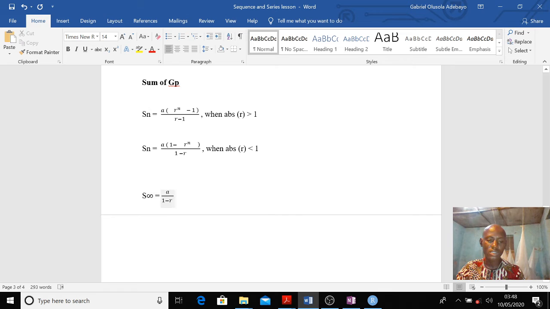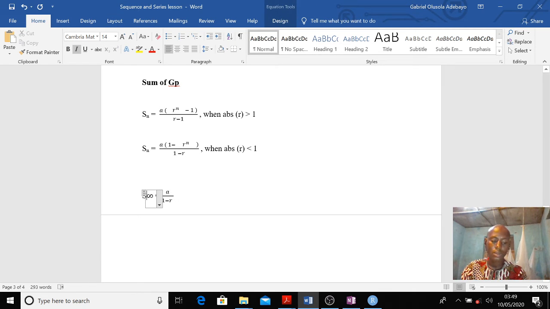And when it is tending to infinity, we use that formula. So we have, okay, that is that.